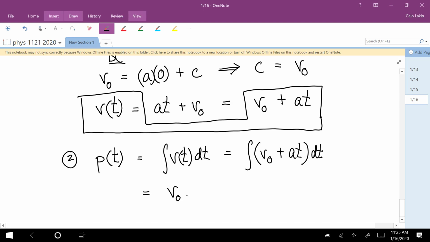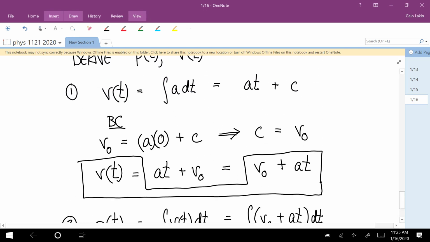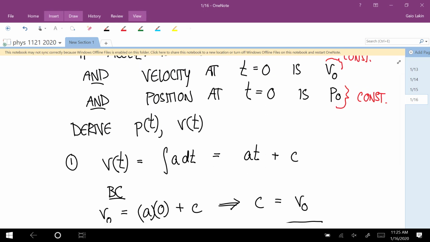And so that's v0t plus at squared over 2 plus, I'll call this c2. And again, we have this unknown constant of integration. We have to use the boundary condition to find that. The boundary condition that matters for this one says if time is equal to 0, position is this constant p0.